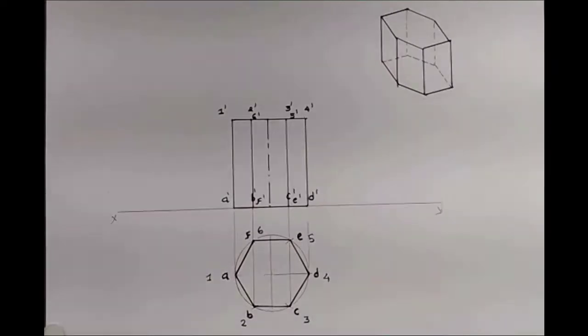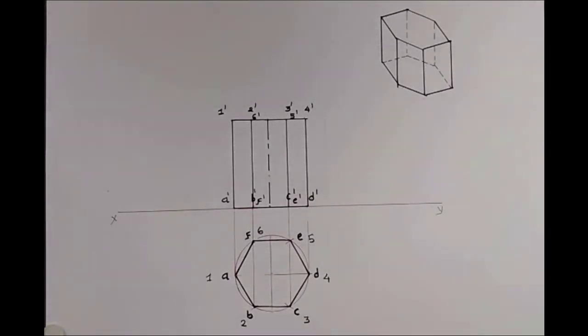Now the second stage of the problem is, say the solid is cut by an auxiliary inclined plane perpendicular to VP and inclined to HP by 45 degrees and passing through a point on the axis 40 mm above the base.